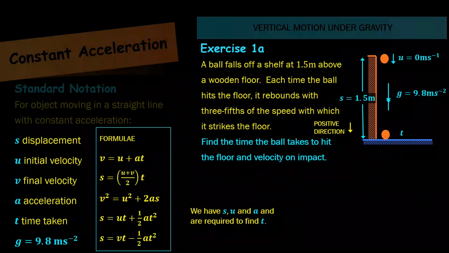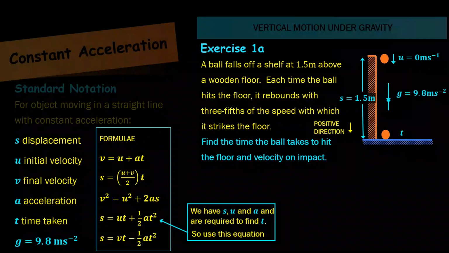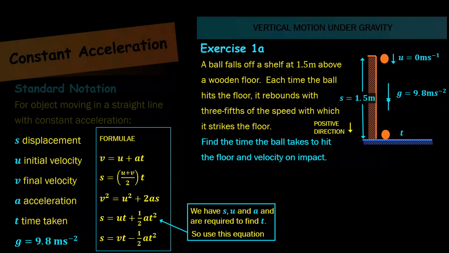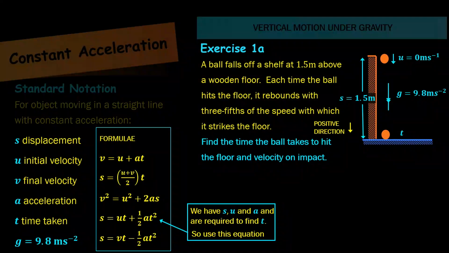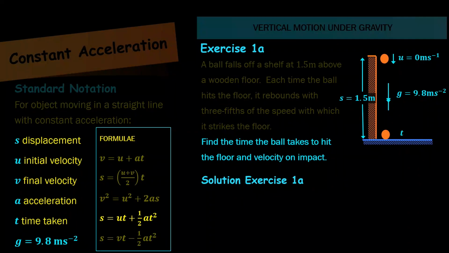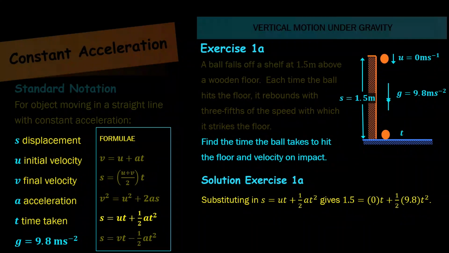In other words, we have s, u, and a, and we are required to find t. So we are going to use this equation, s equals ut plus a half at squared, because it includes all of these letters. So let's solve this. We're going to substitute in all the values into this equation.